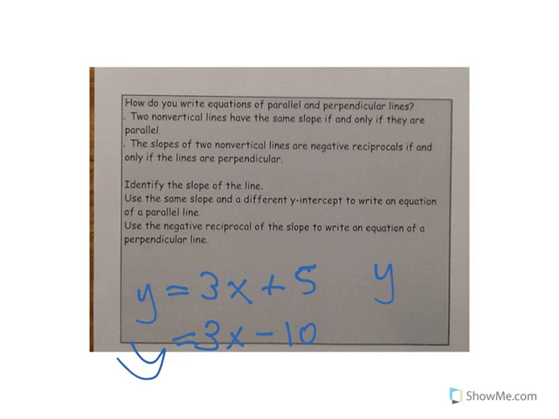And then also, with just a little bit of math, you should be able to recognize that y equals 3x plus 5 is going to be perpendicular to negative 1/3 x plus 5, because it's the negative reciprocal. So hopefully this makes sense, and good luck on the homework. Check the problems to make sure it makes sense.